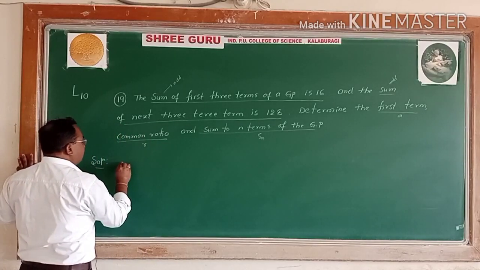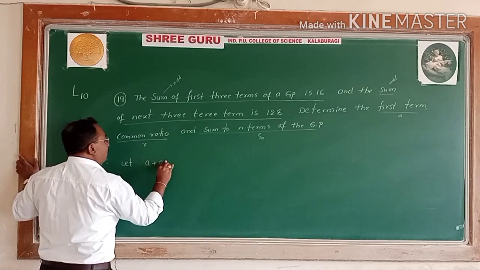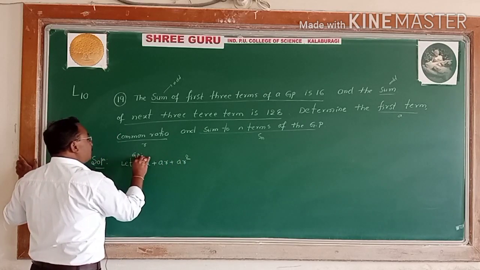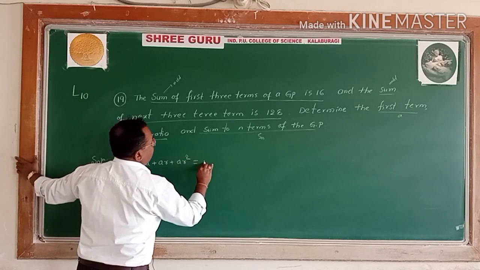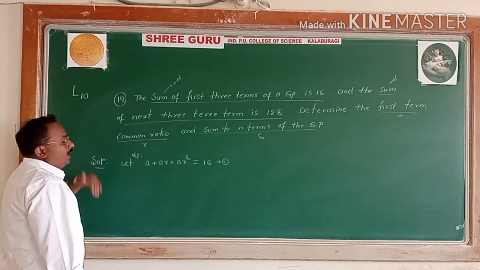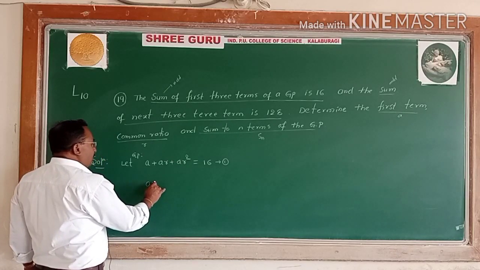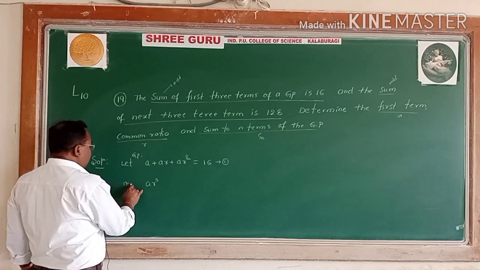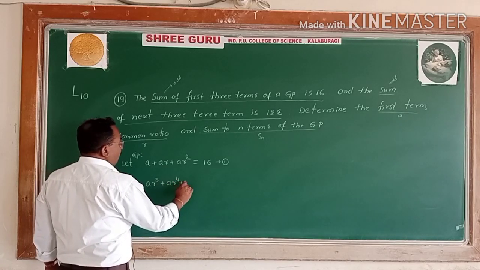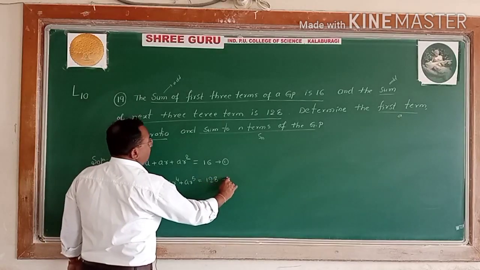Let sum of first three terms, A plus AR plus AR square in the form of GP series, is equal to 16, equation number 1. Next three terms add, next continue, AR cube, AR to the power 4, AR to the power 5 is equal to 128, equation number 2.